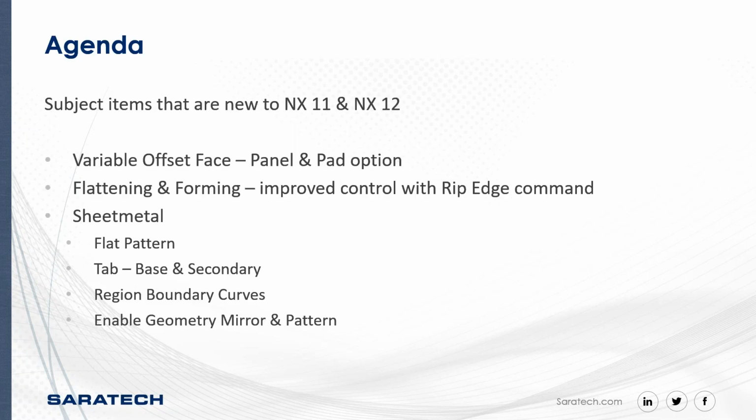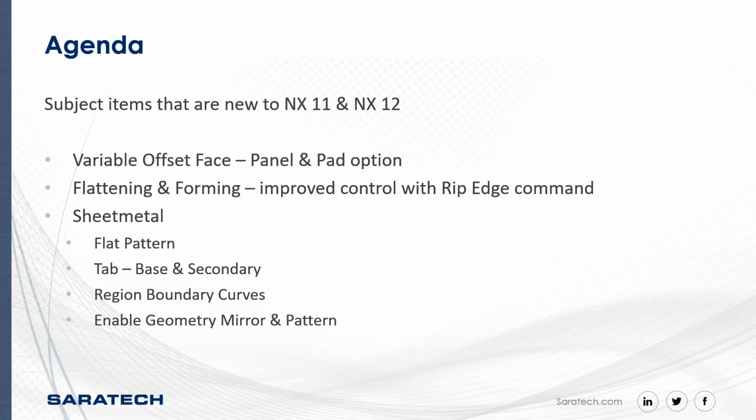So today, our agenda, some of the items that we want to look at, the subject items that are new to NX. I'm going to talk real briefly about some of the things that were NX11 and a couple of things that are new to NX version 12. Some of the new items of NX12 is our variable offset face. The panel option was in NX11, but the pad option is new with NX12, so I'm going to be showing you that.